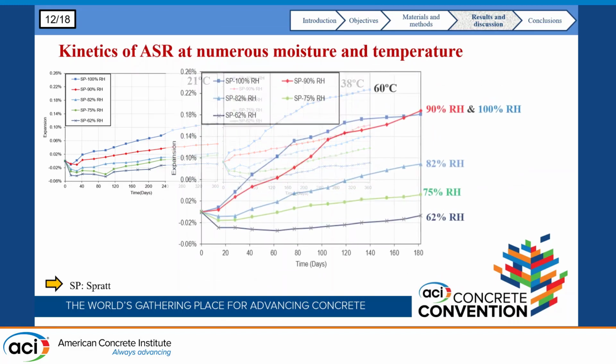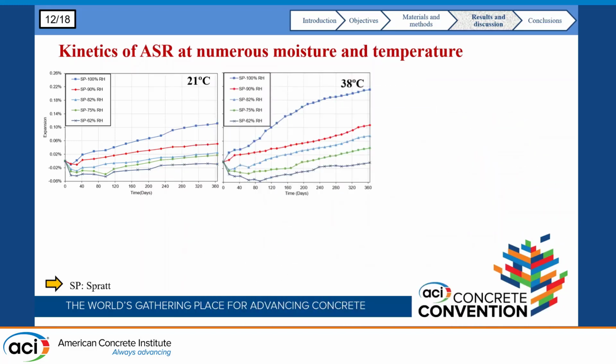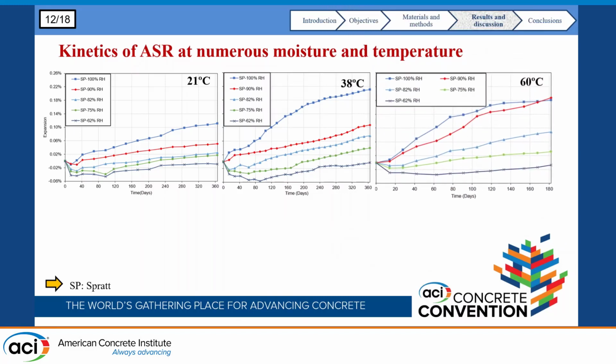Now, finally, using the same aggregate, but for 188 days and similar relative humidity conditions, an interesting result was obtained at 90% and 100% relative humidity. The 90% has an expansion almost higher than 100% relative humidity, which is as a result of alkali leaching at high temperature.